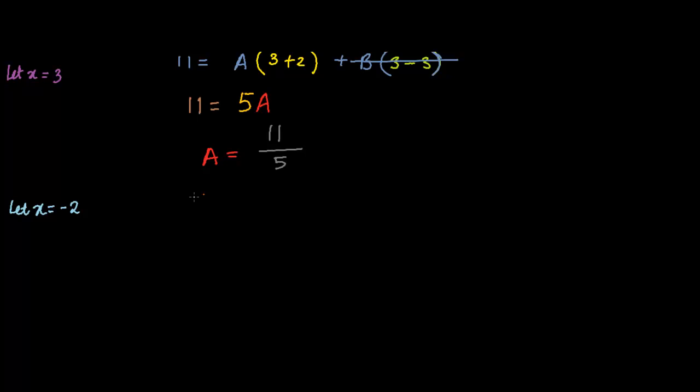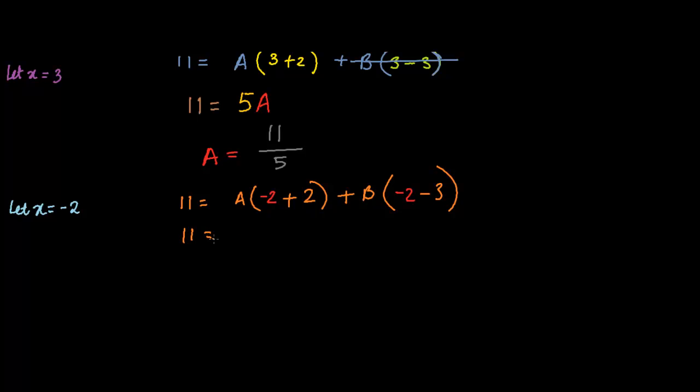So we have 11 is equal to a, -2 plus 2, plus b, -2 minus 3.